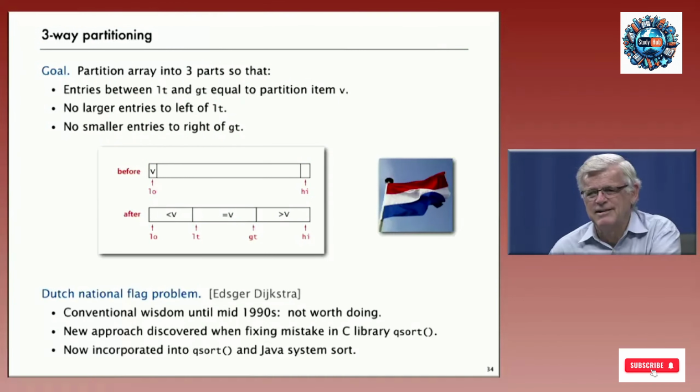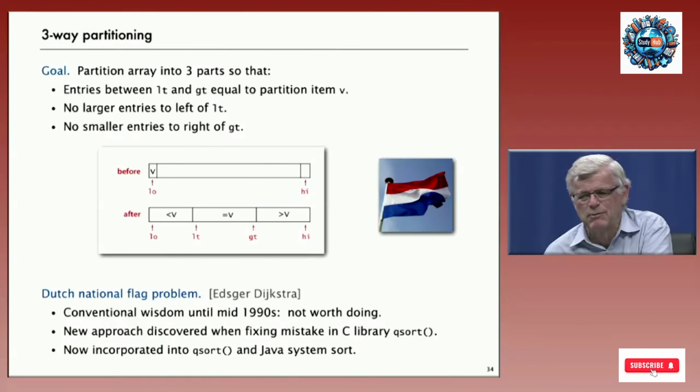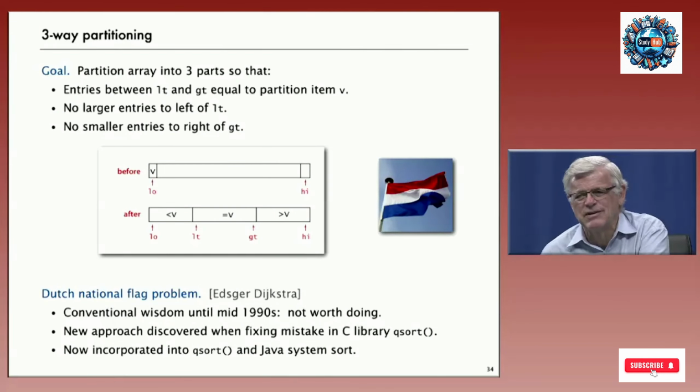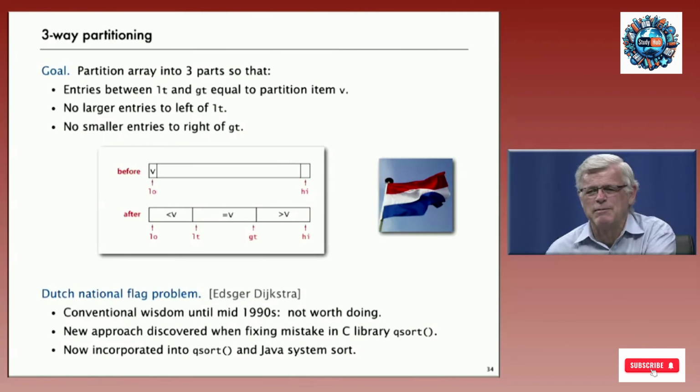Now, until the 1990s, conventional wisdom among people implementing systems was that it wasn't worth doing this. But actually, it's a problem that Edsger Dijkstra had proposed in the 70s as an example of a programming problem. He was really interested in analyzing correctness of programs and showing how you could convince yourself that a program was operating as expected.